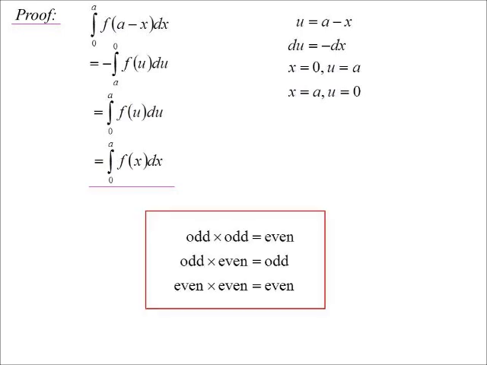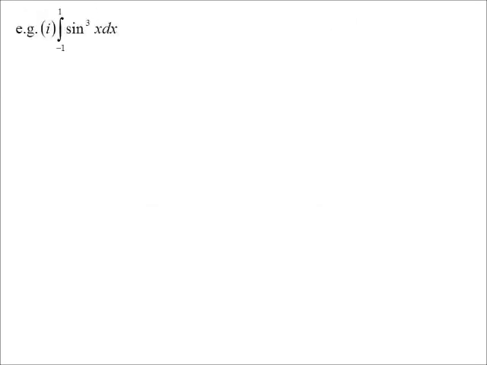Now, keep this in mind when we're dealing with symmetry. Remember, if it's the same type of function, so both odd or both even, when you multiply them together, you get an even function. If they're different types of functions, one's odd, one's even, you'll get an odd function. So we get a question like this. Now, prior to a few days ago, we would have looked at that and gone, how the heck am I going to do that?